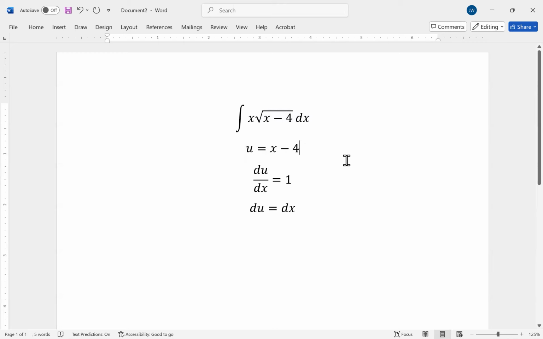So how do I take care of that rogue x out front? Well, I just noticed that if u is equal to x minus 4, then u plus 4 can replace any x. I see.